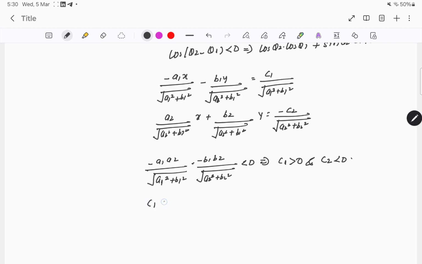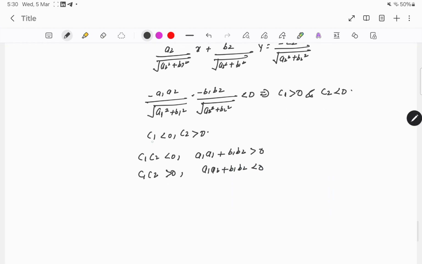This implies c1 is less than 0 and c2 is greater than 0. If c1 c2 is greater than 0, then a1 a2 plus b1 b2 is greater than 0. If c1 c2 is greater than 0, then a1 a2 plus b1 b2 is less than 0.